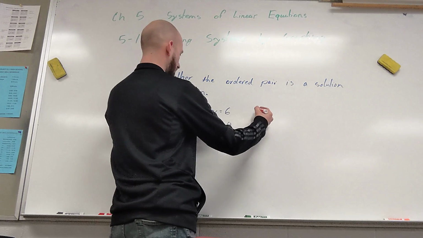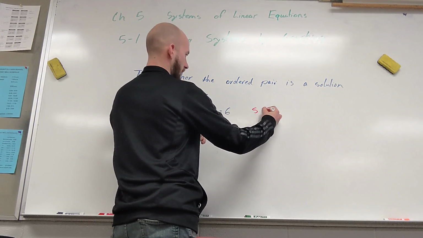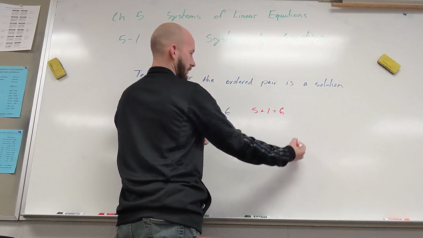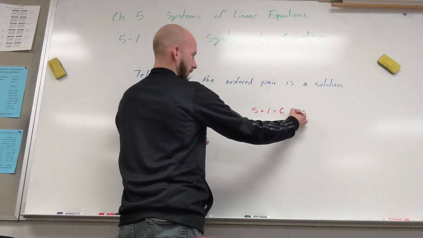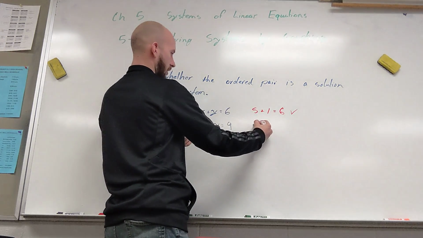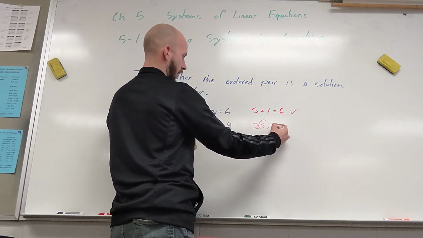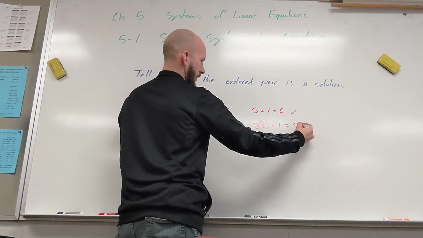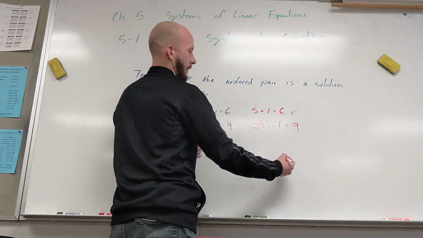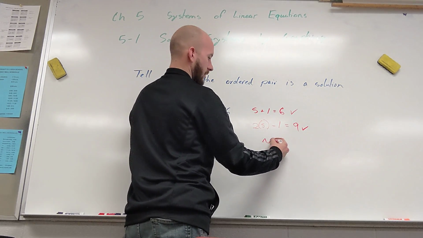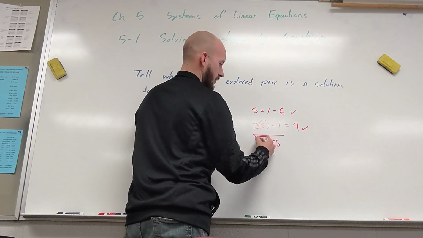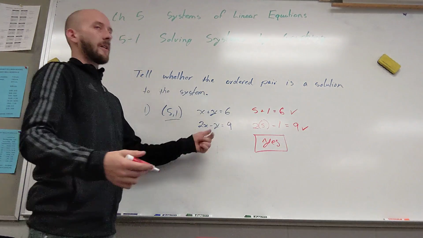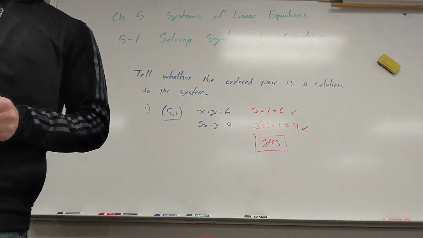So I'm just replacing the x and the y with 5 and 1. And does that work? Yes. Okay. And then plug it in here. So 2 times 5 minus 1. Does that work? Okay. So yes, (5, 1) is a solution to the system.